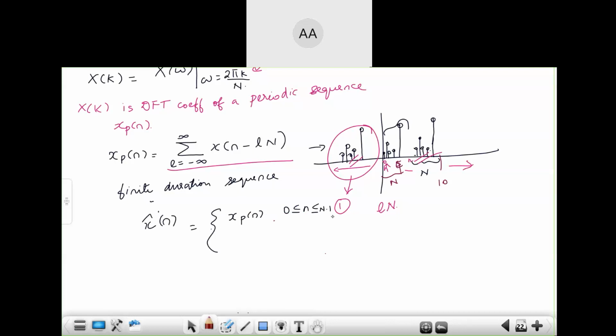See this one, you are going to consider only this set of samples from 0 to n minus 1. Got this? It means though the signal xp of n is continuously periodic, this particular set of samples you are considering as x hat of n. That's all. And it is 0 otherwise.